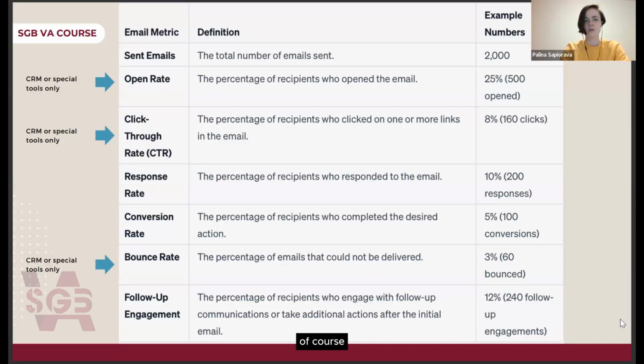Of course, besides how many emails were sent, metrics that are available for you are response rate and conversion rate metrics. So response rate, how many responses you got. For example, 10% responses, which means that if you send 2,000 emails and you got 200 responses, you have a response rate of 10%.